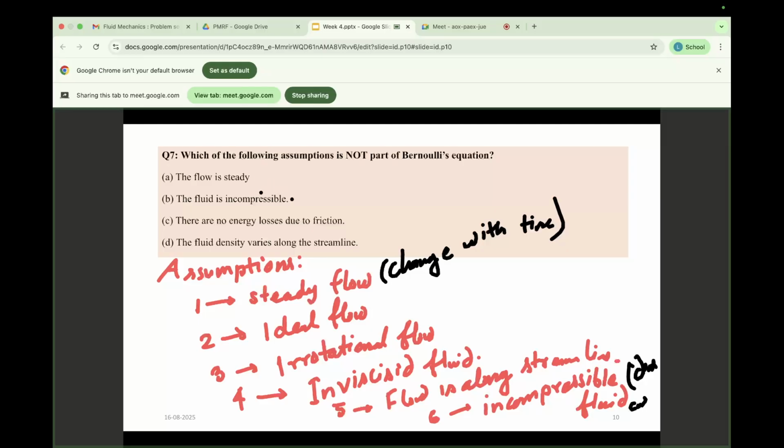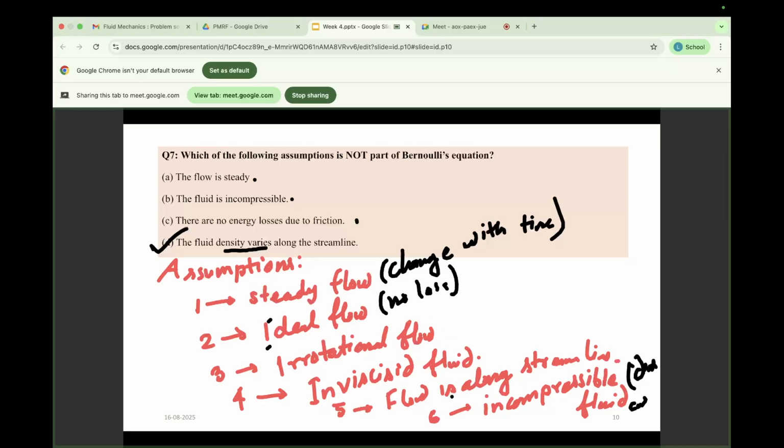The flow is incompressible, it is also correct. Next, there is no energy loss due to friction. That is also correct, because it is an ideal fluid, which means no loss. The fluid density varies with streamline: here the point is that density varies. If the density varies, then it can't be incompressible. So option B and option D are contrary to each other, and option D is the correct option.